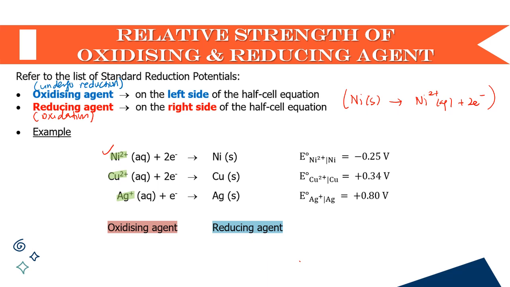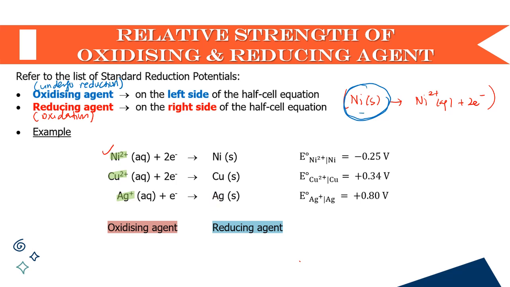It's nickel over here. So that's why we label nickel as the reducing agent, not nickel 2 plus. If you read straight away from the SRP table like this, the left hand side will be the oxidizing agent and the right hand side is the reducing agent.